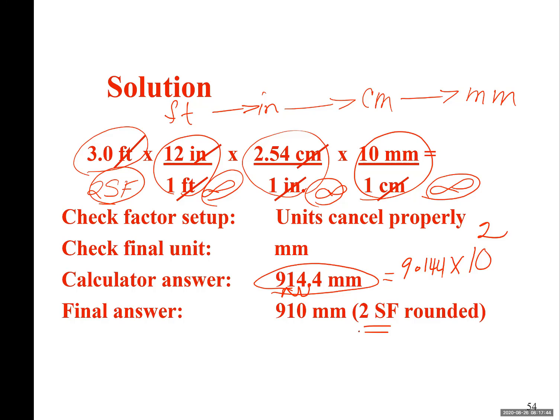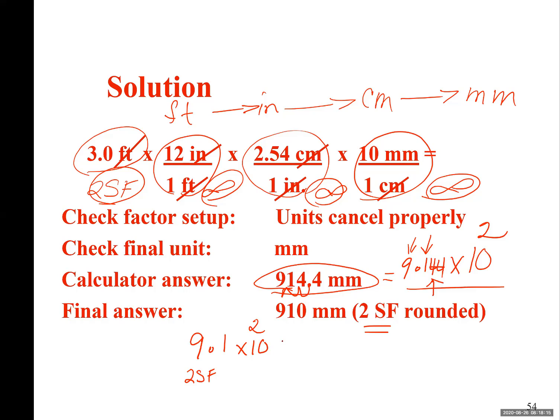If I'm using scientific notation, this is 1, this is 2, so I'm canceling 4 and 4. After deleting 4 and 4, I look at the first digit. It's less than 5, I ignore it, so my answer is 9.1 with 2 sig figs times 10 to the power of 2.